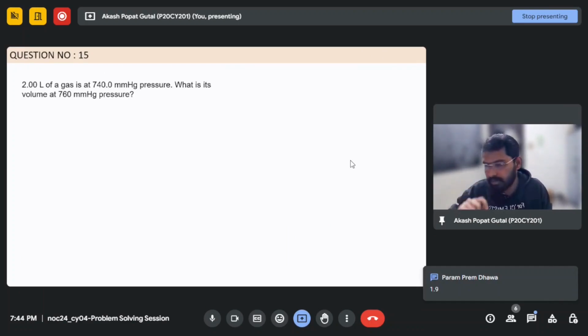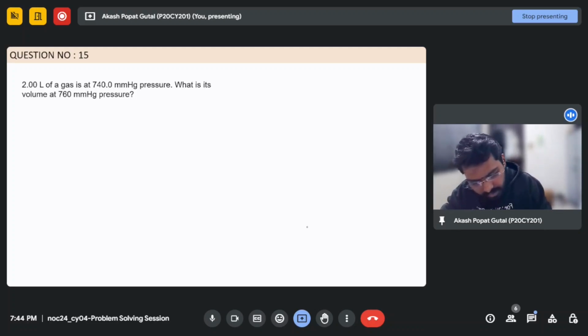1.947. Yeah, right. So the answer is 1.9. It's exactly 1.9473 liters. We know Boyle's law says P is inversely proportional to volume, and using this relation we can write P1 V1 is equal to P2 V2.